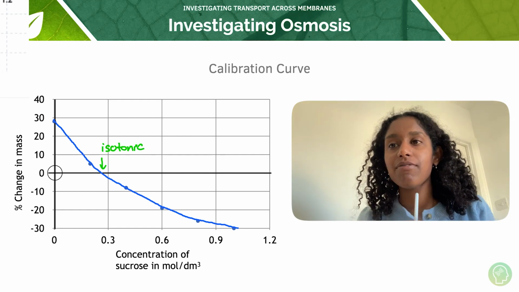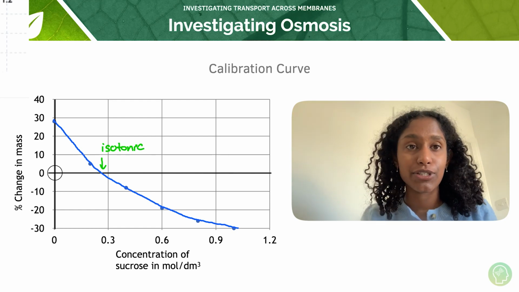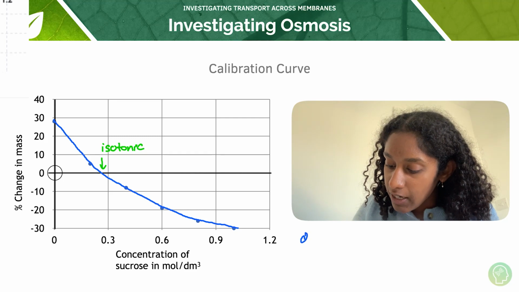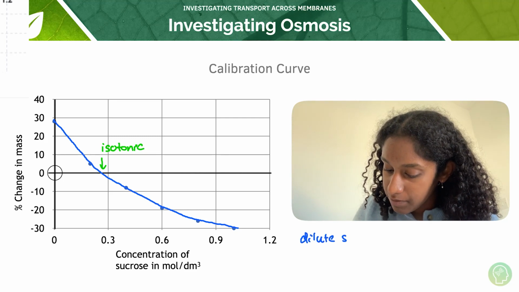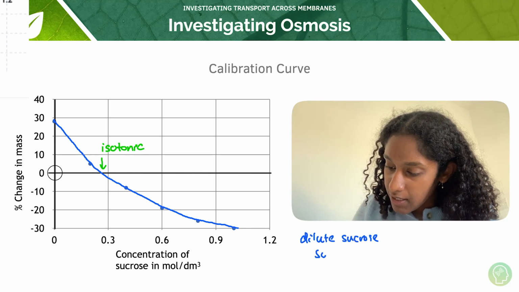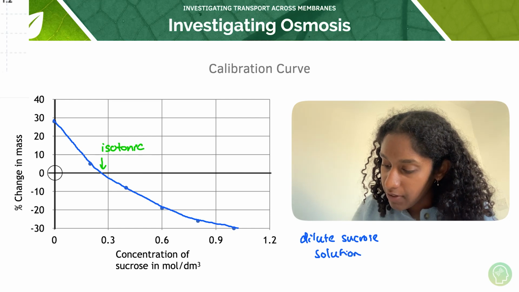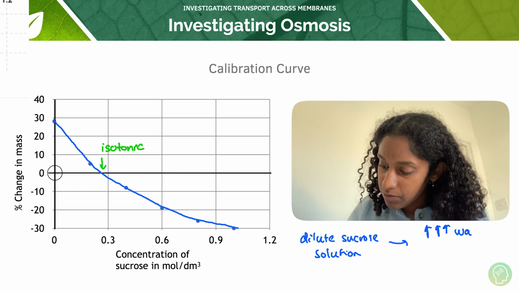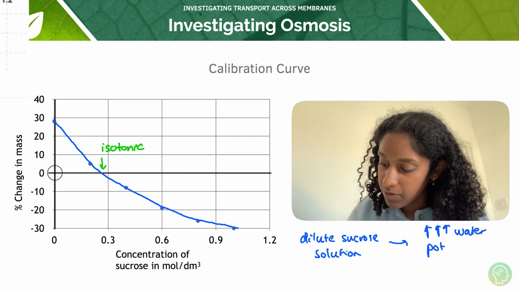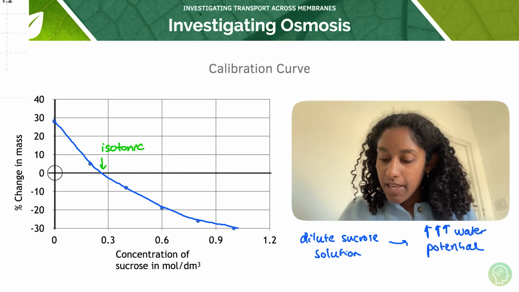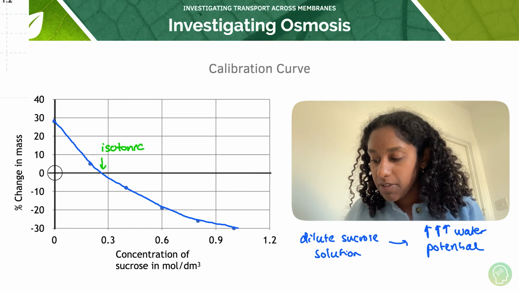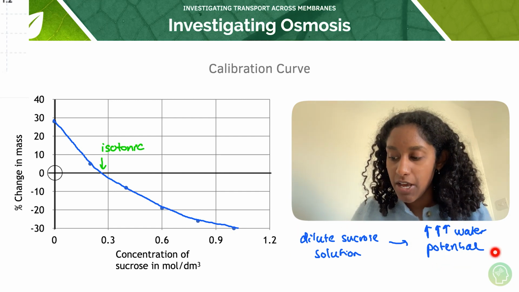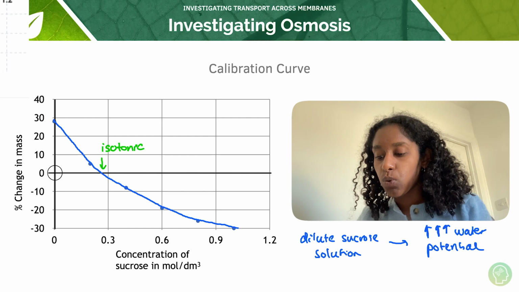So if we have a dilute sucrose solution, our dilute sucrose solution is going to have a higher water potential than the potato. So if our dilute sucrose solution has a higher water potential than the potato, which way is water going to move?